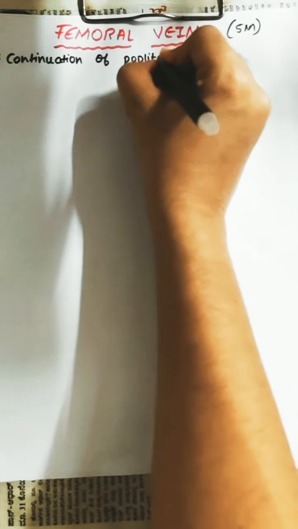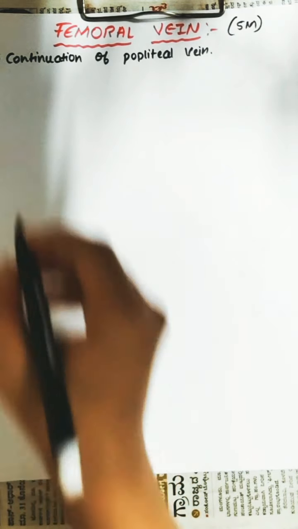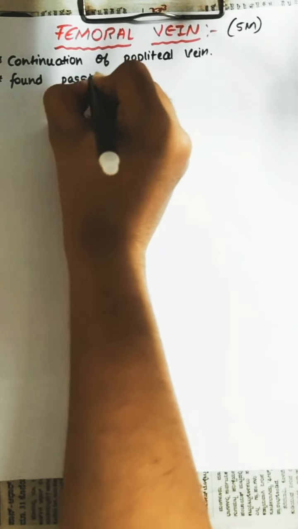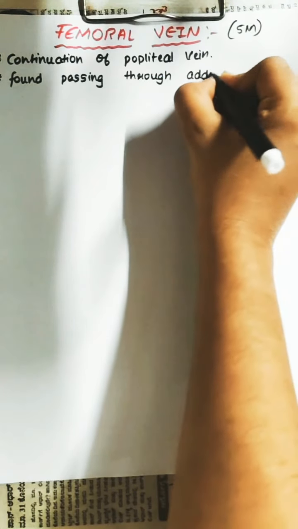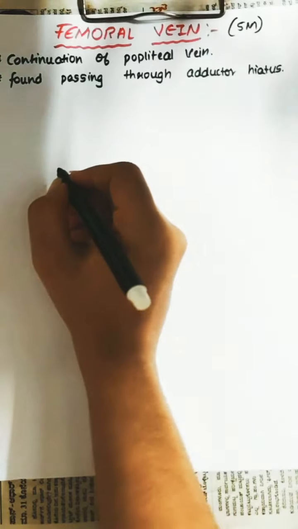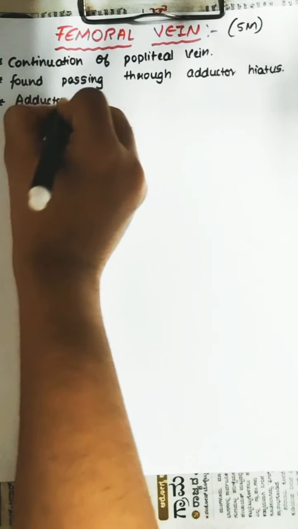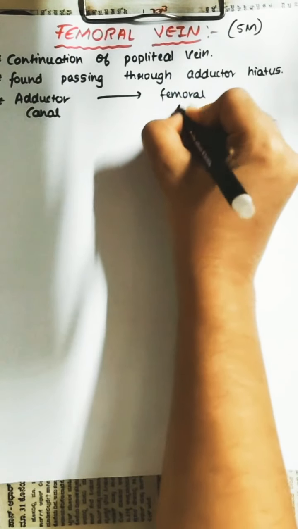So this is a 5-marker question. It is a continuation of the popliteal vein and it is found passing through the adductor hiatus, then it starts from the adductor canal and moves towards the femoral triangle area.